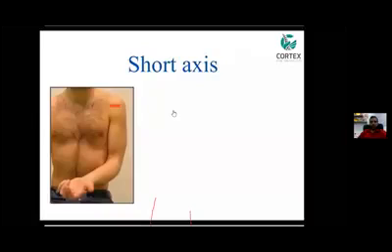So whenever there is fluid in the glenohumeral joint, it will come into the biceps tendon sheath. If you see the fluid, you should assess the glenohumeral joint. Very rarely we have isolated tenosynovitis of the biceps tendon.